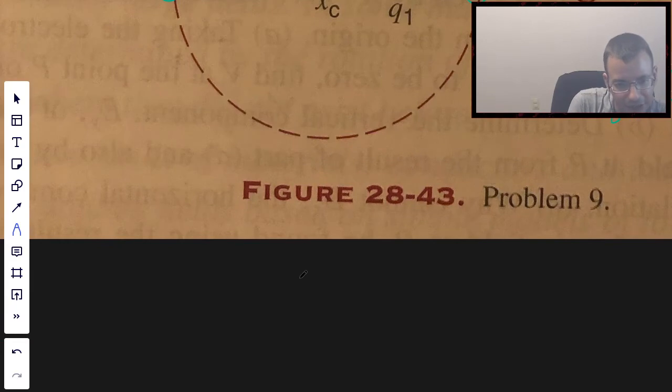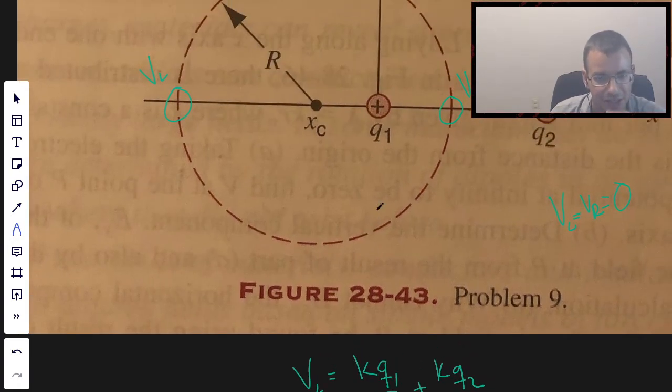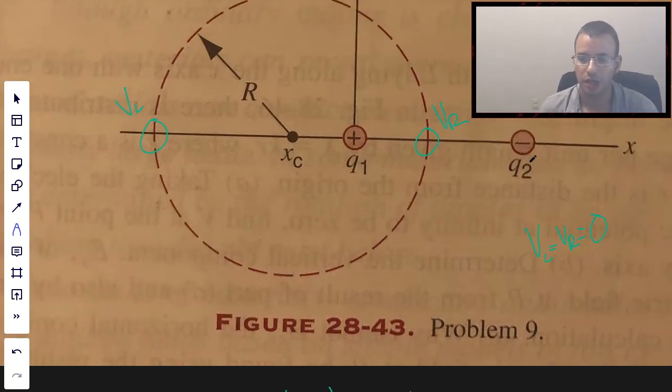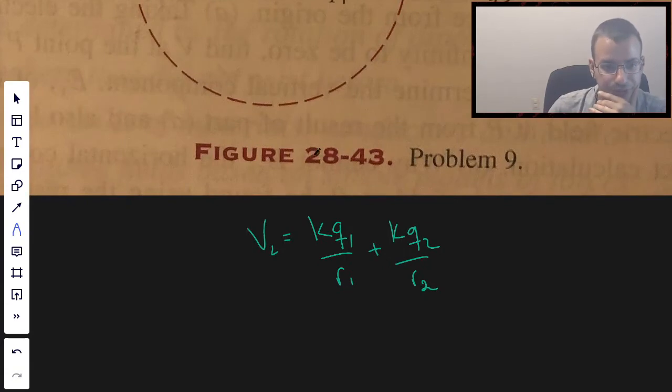So I'm going to say that voltage left equals k q1 over r1 plus k q2 over r2. And all this means is that the voltage potential due to Q1 plus the voltage potential due to Q2 is going to equal our total voltage potential at left.